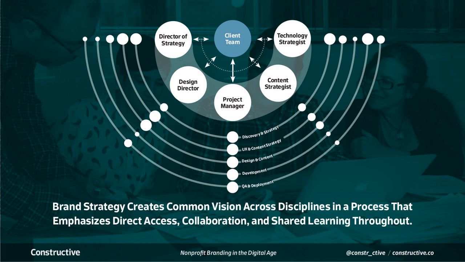These circles that you see represent a greater or lesser degree of involvement. So early on in the process, the director of strategy is really involved. During QA and development, less so. And this allows for greater collaboration, greater communication, and explanation of things. And when it's grounded by brand strategy, you then create the ability to work in a very complex medium, in a multidisciplinary, interdependent fashion, in a way that will be focused on clear organizational goals and mission implementation.